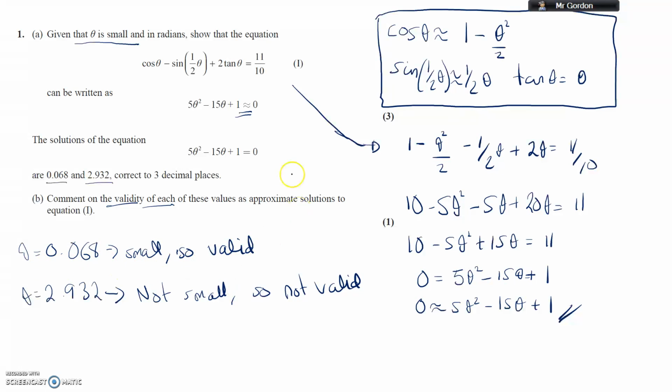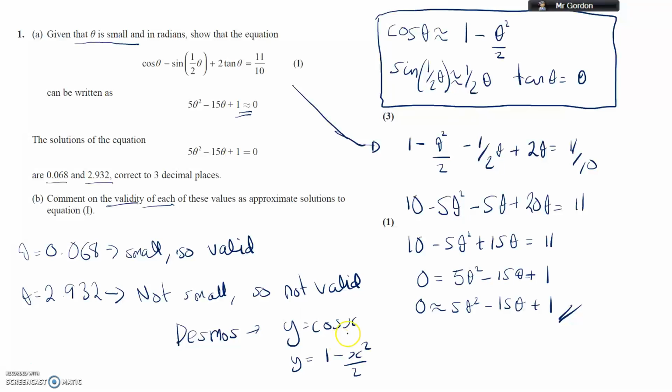If you're not sure, look at the graphs. If you graph y equals cos x, go to Desmos if you want to see this in action. Go onto a site called Desmos and type in y equals cos x and then y equals 1 minus x squared over 2 and zoom in to the origin, and these two graphs will be pretty much on top of each other.